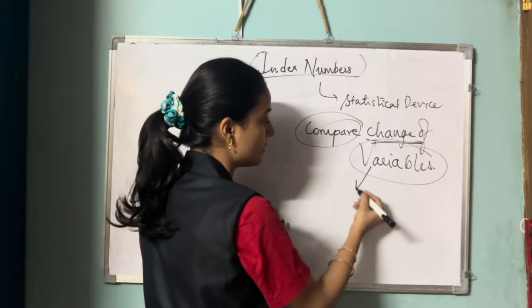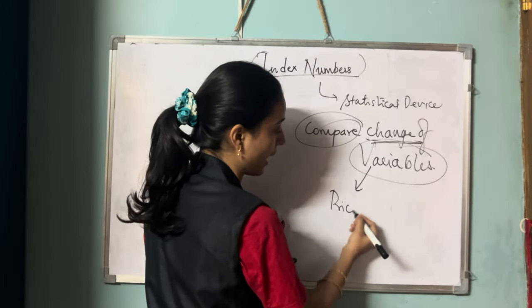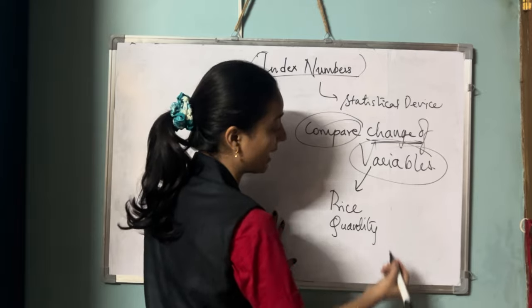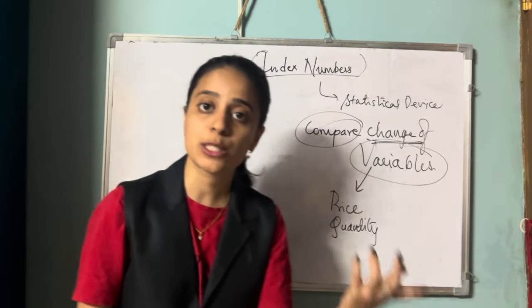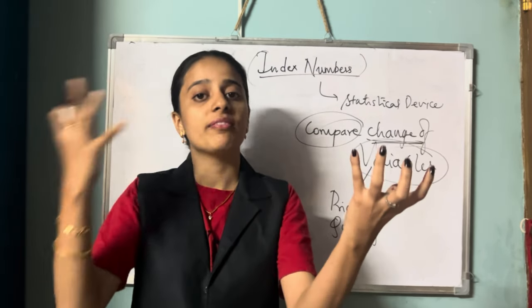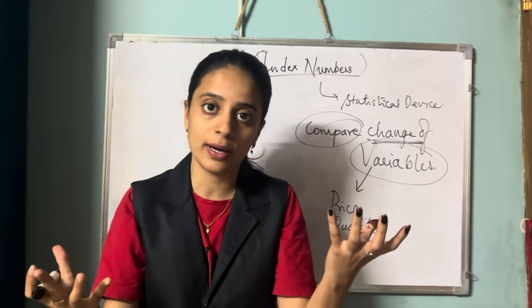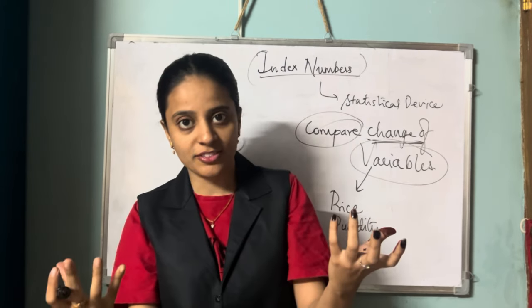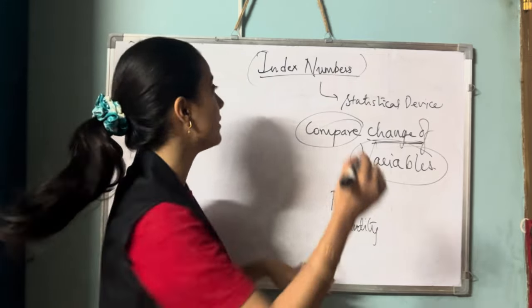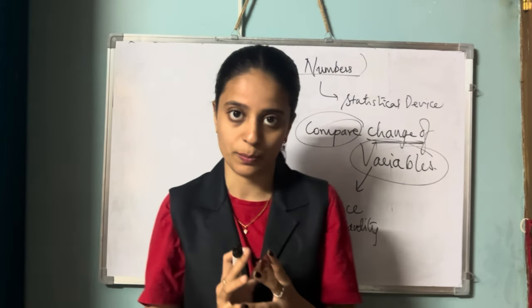So that variables can be in terms of price, quantity, place, expenditure, value, anything. Two different things that have changed over a time. How much they have changed, that can be understood and studied with the help of index numbers.